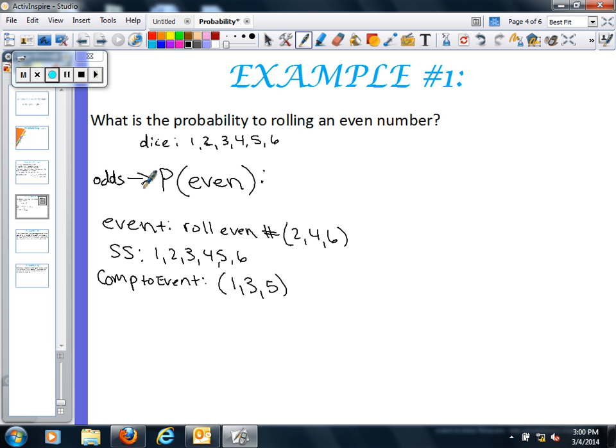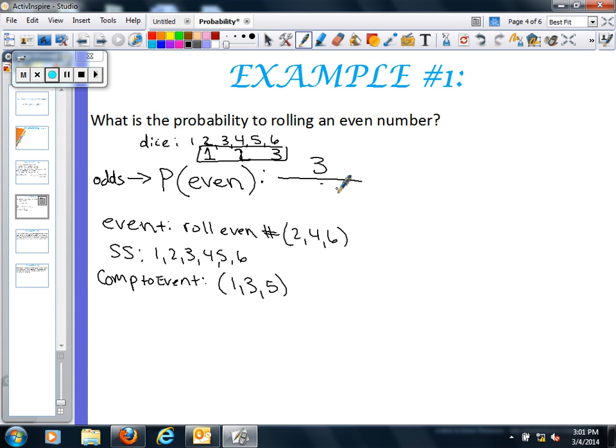Now remember, the probability of the event is the number of favorable outcomes. So when I look up here, how many different chances do I have of rolling an even? Well, I have 1, 2, 3 chances here. So this would be 3.